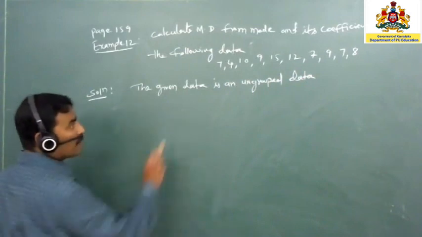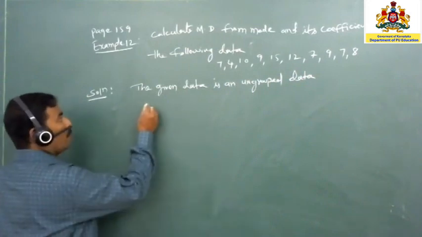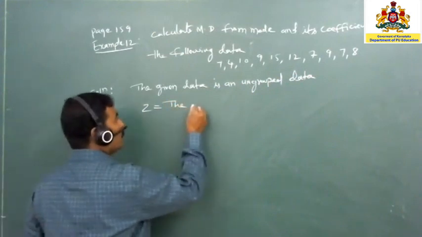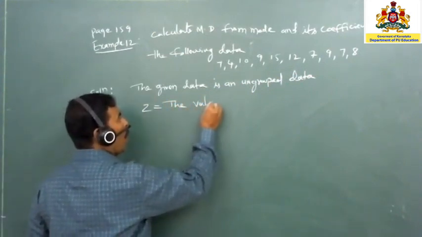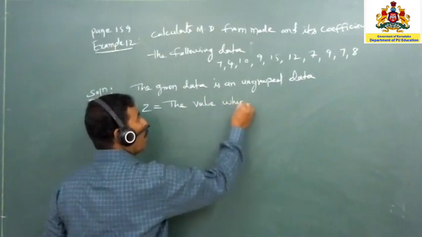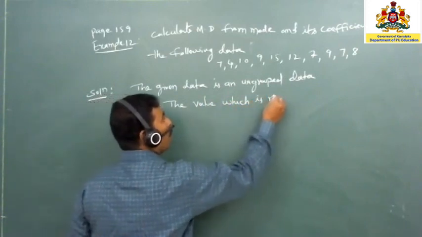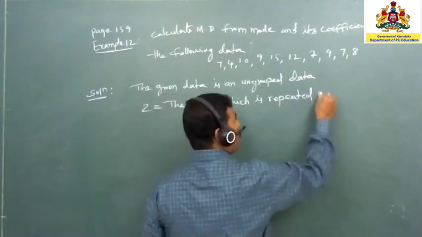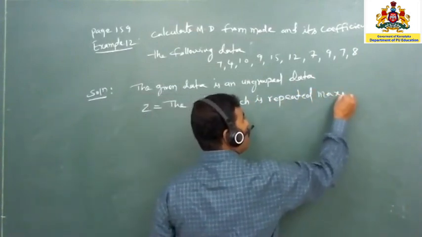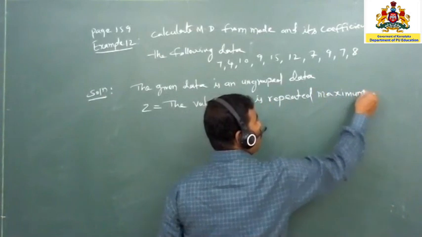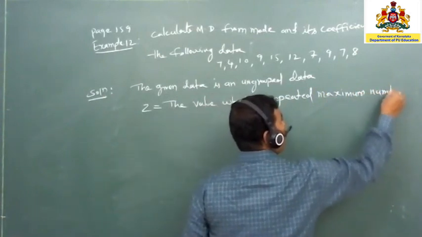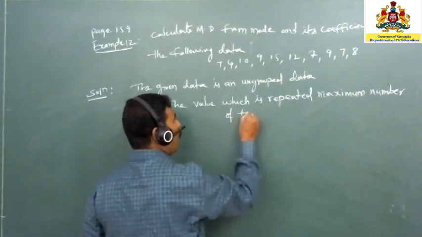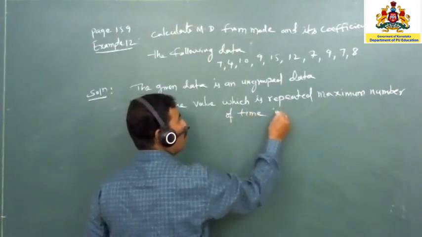If it is ungrouped data, what is the formula for mode? Z equals the value which is repeated the maximum number of times, or highest number of times, in the data.